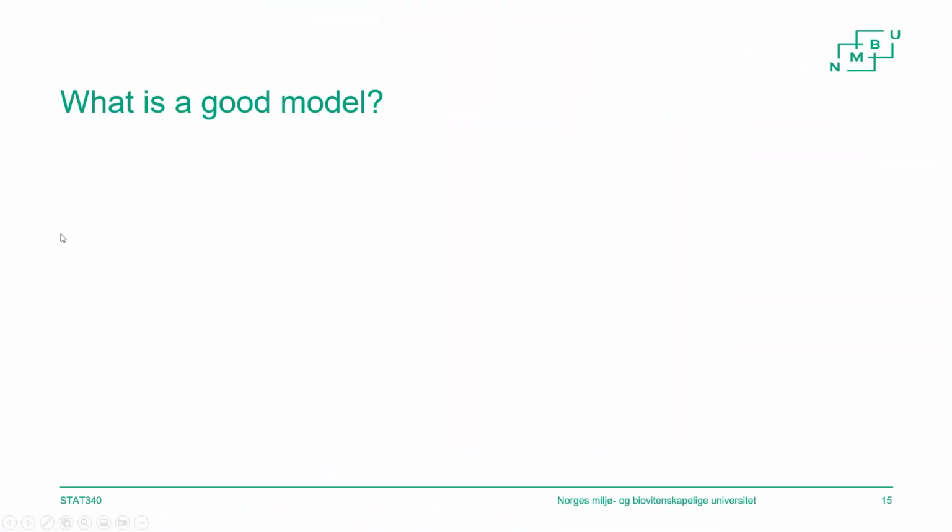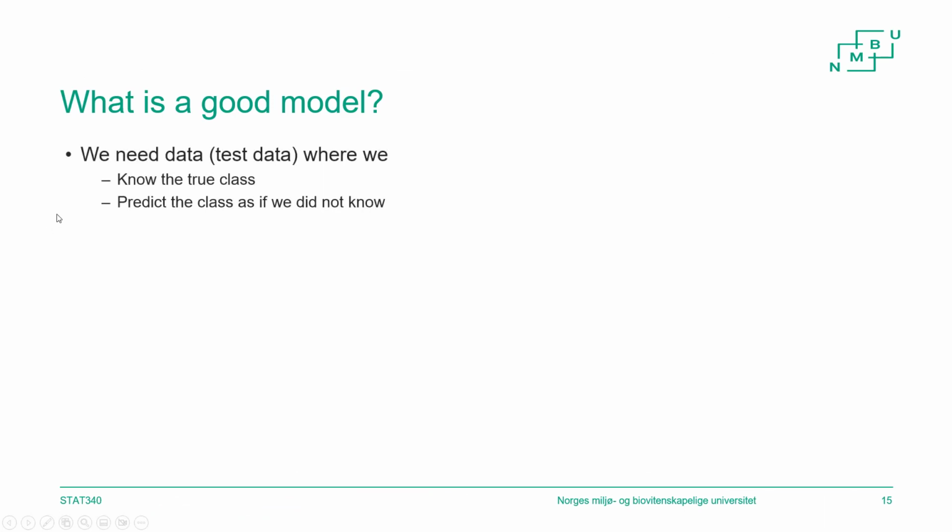What is a good model? So we need some test data in order to verify it or to say something about this, where we know the true class, but then we predict the class as if we did not know. And we just saw in our session how to predict in a situation like this, right?